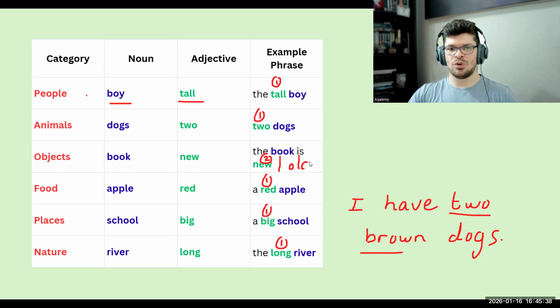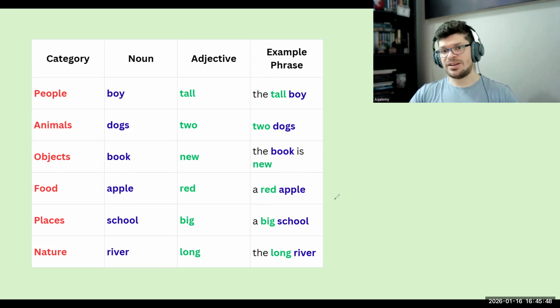The book is old. The book is interesting. Food. Apple. Red. A red apple. A green apple. A small apple. Place. School and big. A big school. A small school. A colorful school.